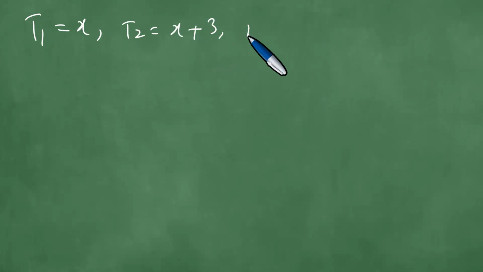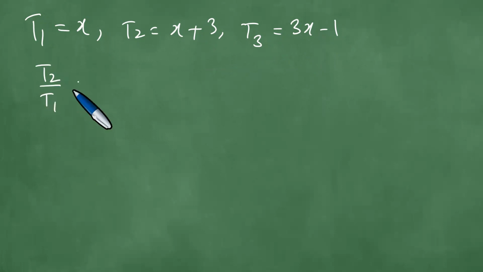Then if T1 is x, T2 is x plus 3, T3 is 3x minus 1, you apply here T2 over T1, which is x plus 3 divided by T1 like this. And then we need to be able to solve this particular question.